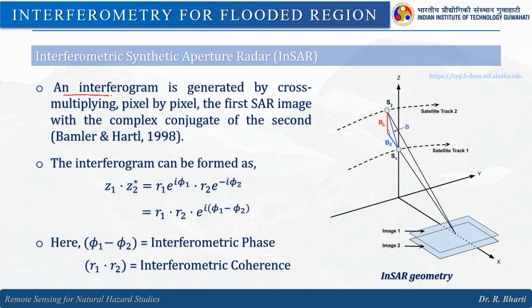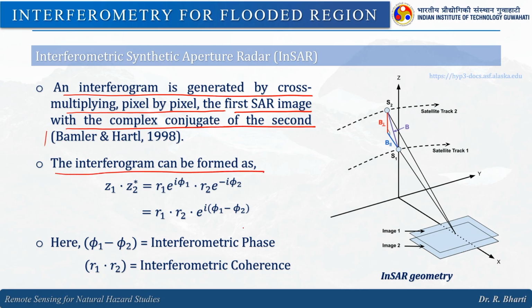An interferogram is generated by cross multiplying pixel by pixel the first SAR image with the complex conjugate of the second, right. So, the interferogram can be formed with this. Here the interferometric phase and the interferometric coherence, these two will be calculated, right.